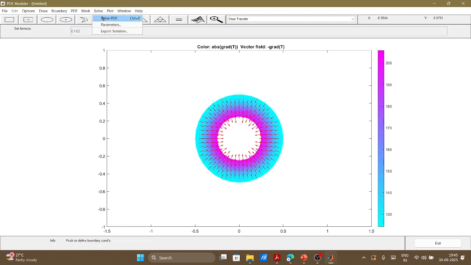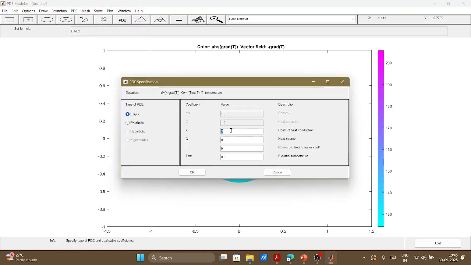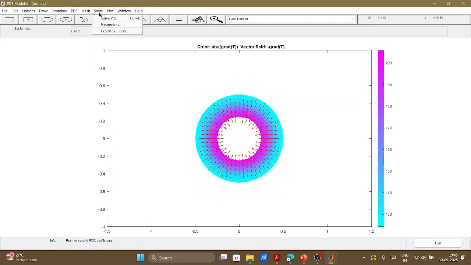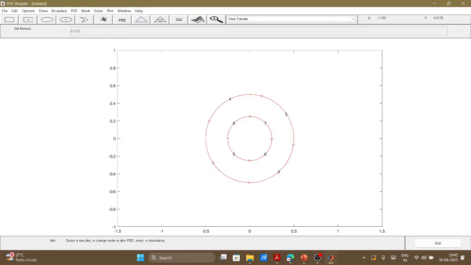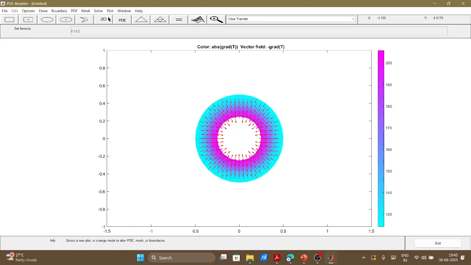Let's see if my material has a different property. For the PDE, instead of k equal to 3, let me provide k equal to 10 and see what is happening. Okay, so the gradient has increased slightly. Previously it was 190, now it's 200 at the center and 130 obviously outside, right?